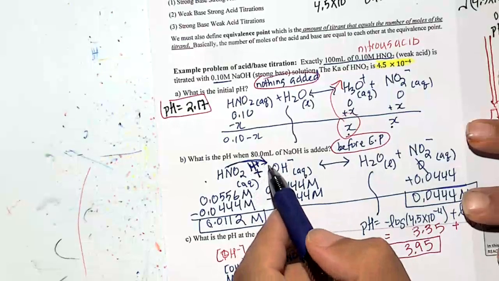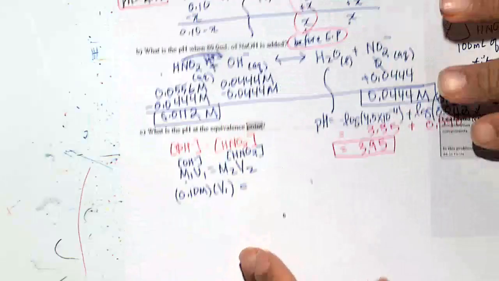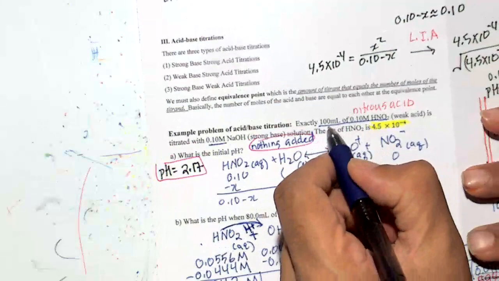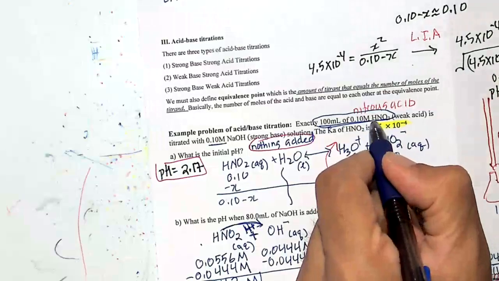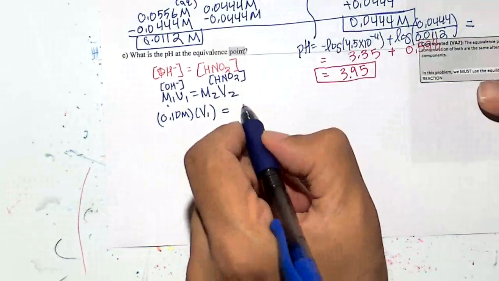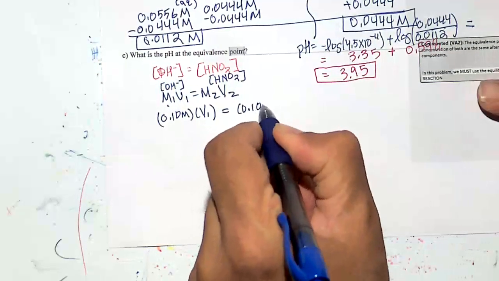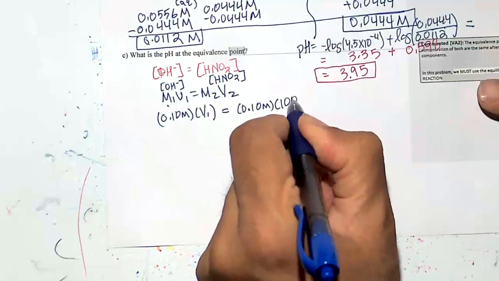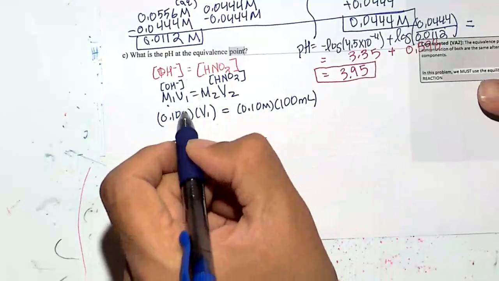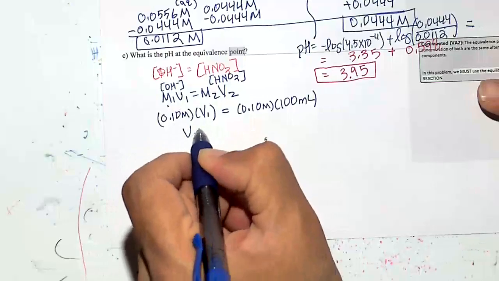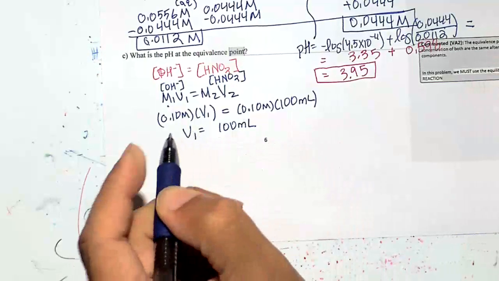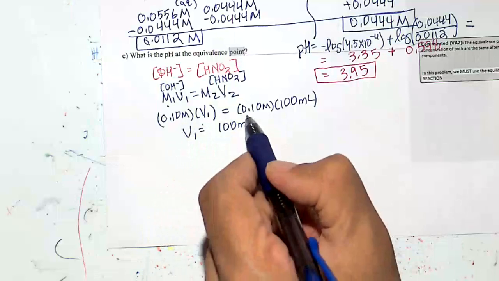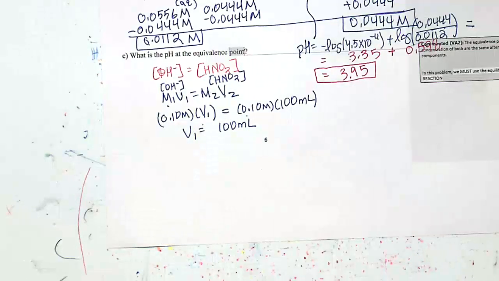How much are we going to add of that OH minus? It's not 80. We added 80 in part B. What's the concentration of the weak acid? We have 100 mL and 0.10 molar. All right, so solving for V1, I am getting 100 mLs. 0.1 times 100 is equal to 0.1 times 100.